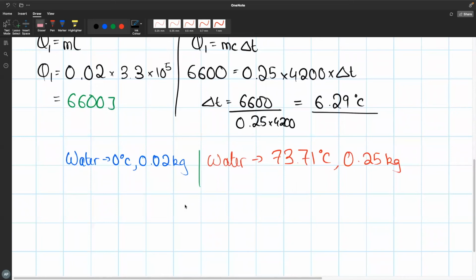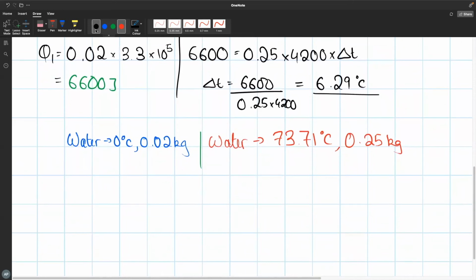Now, obviously, whenever there is a difference in temperature, there will be some form of transfer of heat energy until thermal equilibrium has been achieved, which is when the temperature is equal.